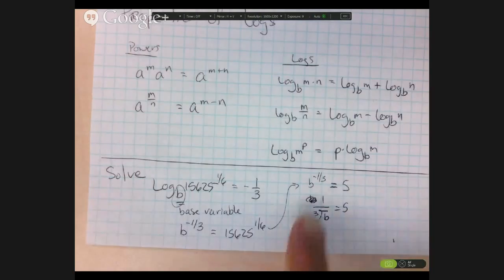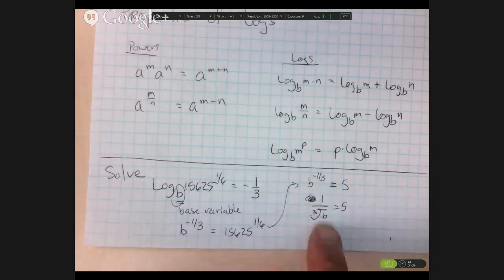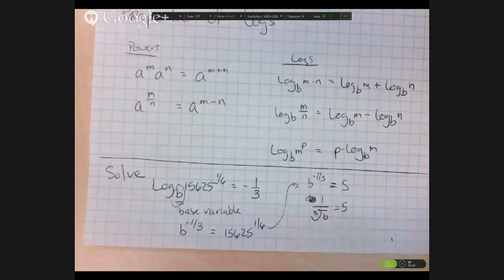Because it's a negative exponent, we're going to get rid of that. And it's 1/3 power, so it's a cube root. Either way, it doesn't matter how you write it. But how do we get that out of the denominator? Yeah, you multiply.